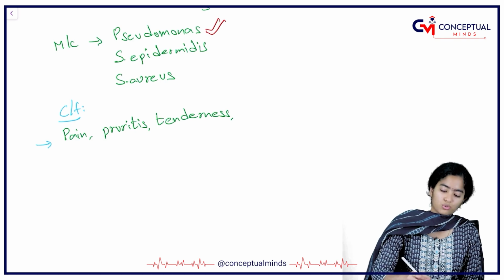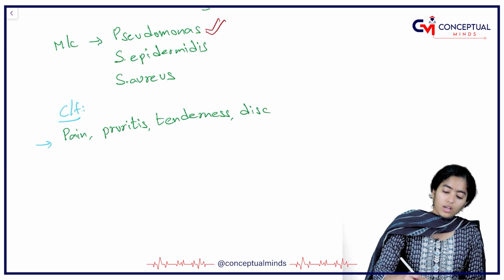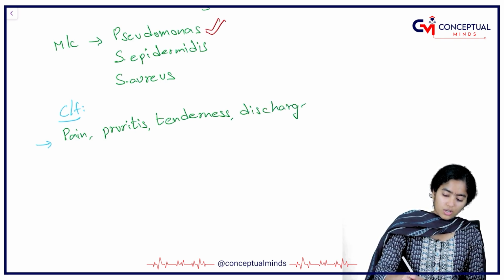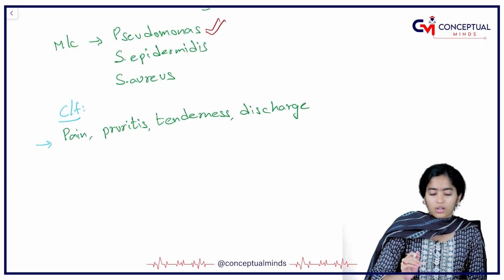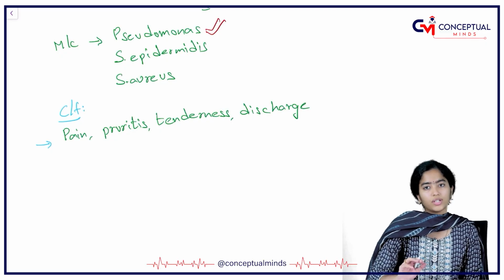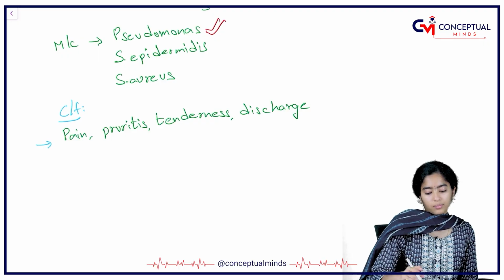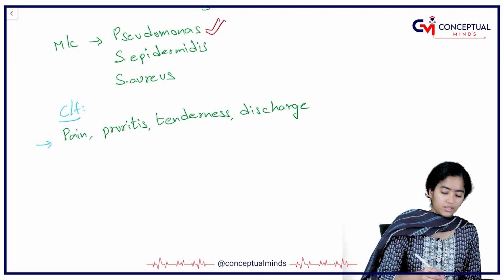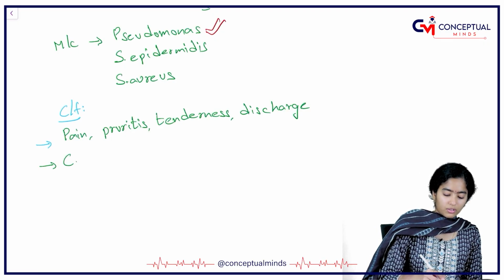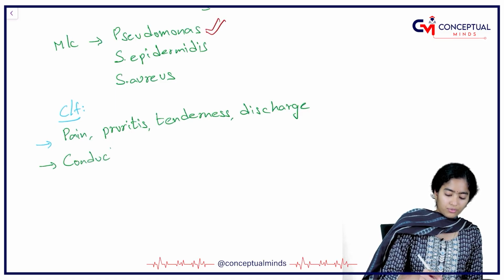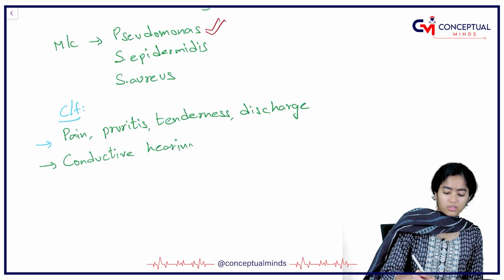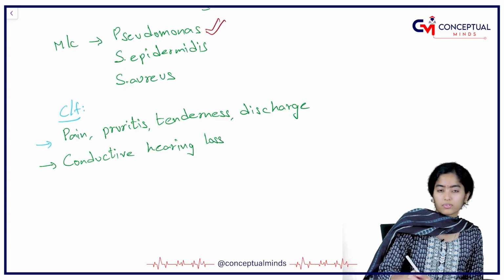There will be discharge also. In furunculosis, discharge occurs only if the furuncle ruptures, but in diffuse otitis externa, usually discharge is present. And because of all this, there could be conductive hearing loss. Conductive type of hearing loss. It's a temporary reversible type of hearing loss.